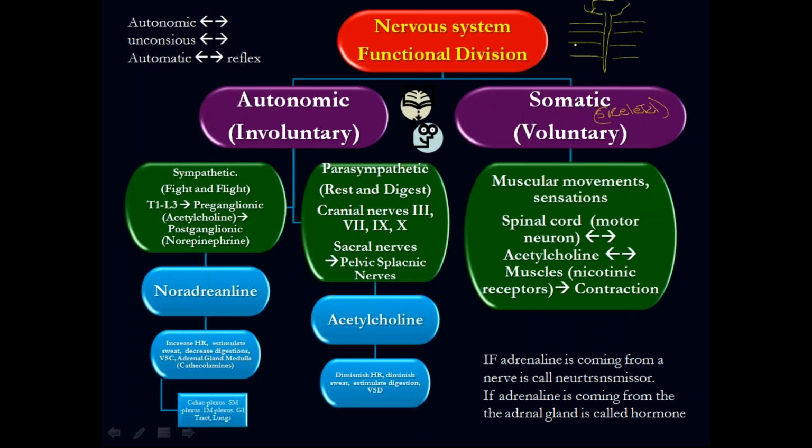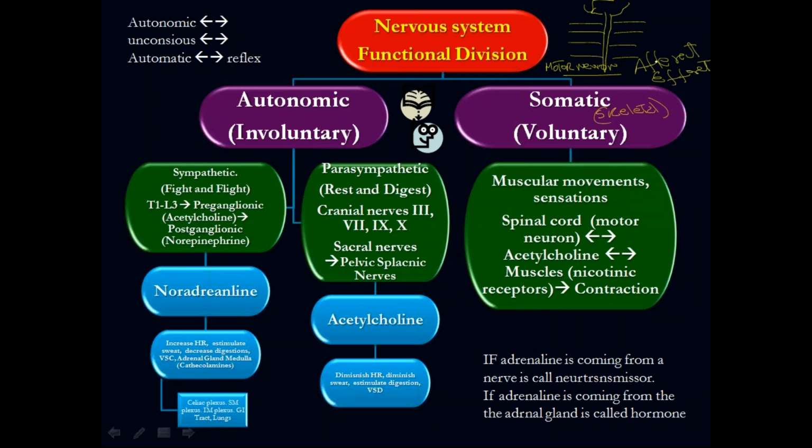Right? And this somatic is going to innervate your biceps, all the muscles you can move. And that nerve is called the motor neuron. This motor neuron nerve is going to be the efferent, remember.